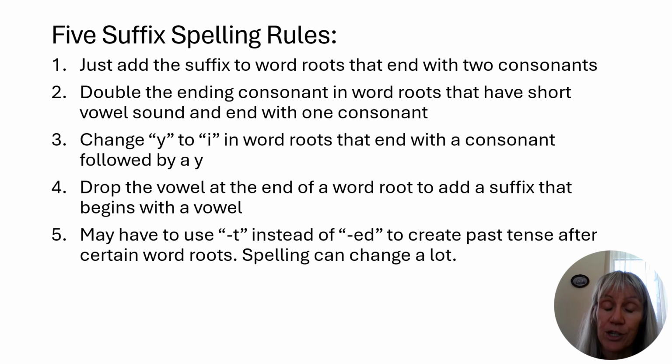Number 3, we change Y to I in word roots that end with a consonant sound followed by a Y. Number 4, we drop the vowel at the end of a word root to add a suffix that begins with a vowel, especially if those vowels are the same or if the magic E or silent E is at the end of the word root. Number 5, you may have to use T instead of ED to create past tense after certain word roots. So those are our 5 suffix spelling rules that we talked about in this presentation.